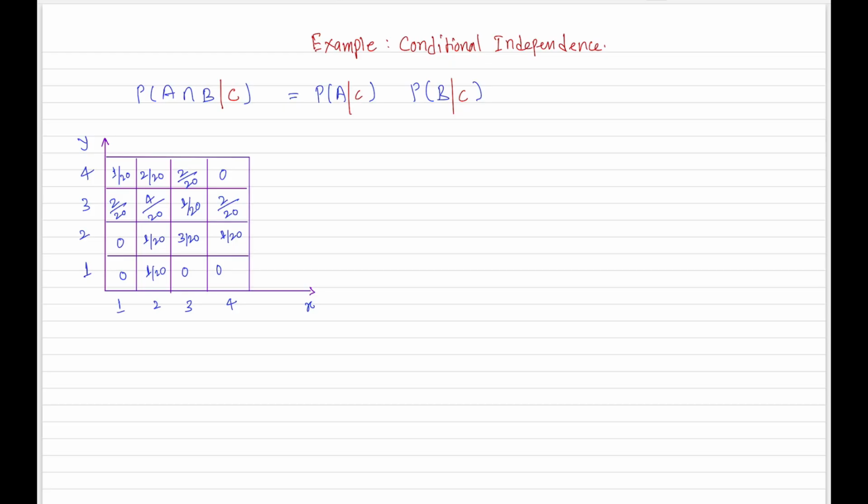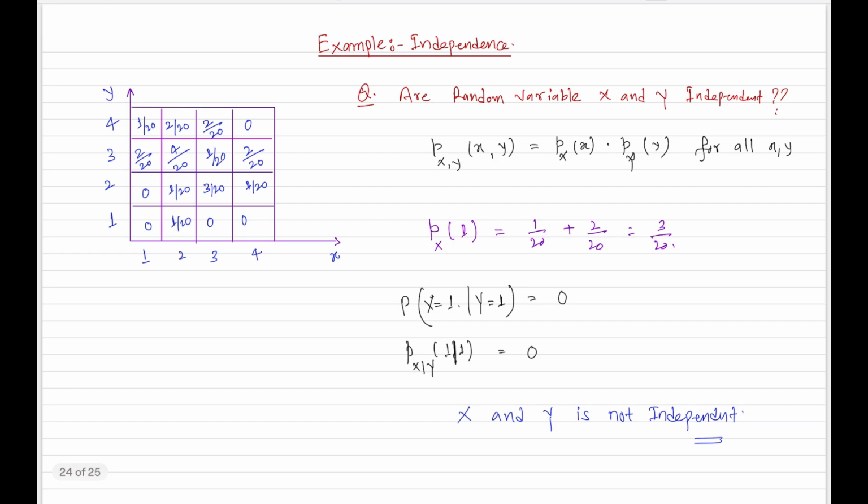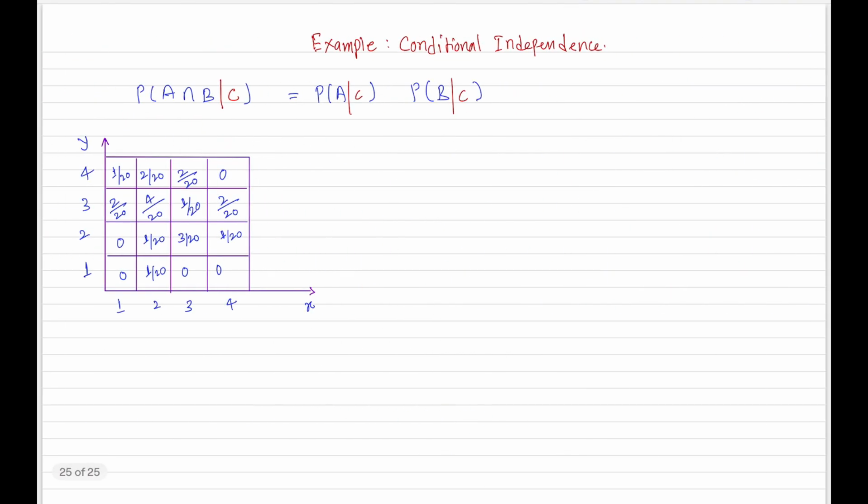Here, what we have seen is that these two random variables are not independent. So the important point is: does conditioning affect independence? We have already seen when we were talking in terms of events that yes, conditioning may affect independence.